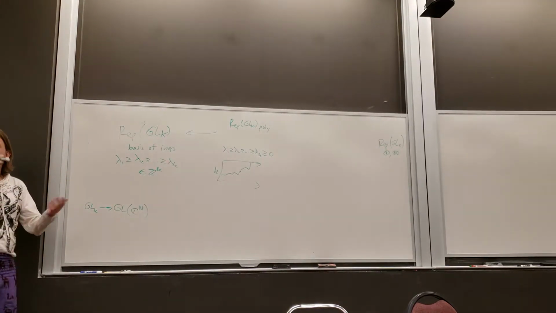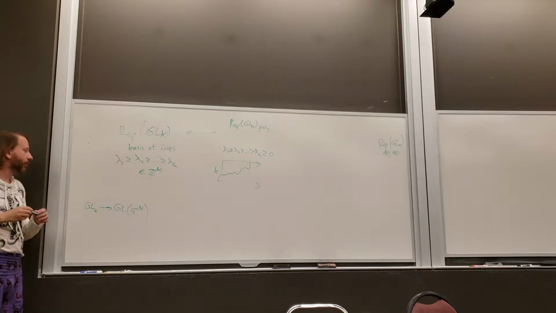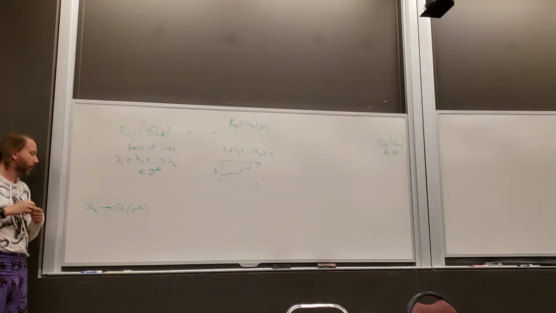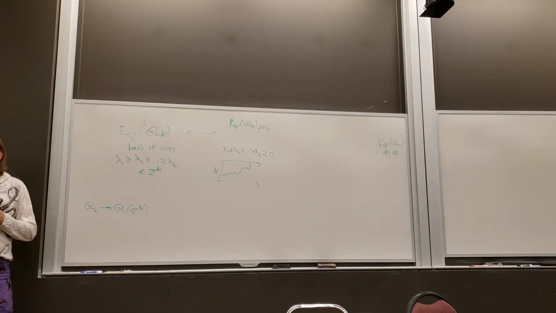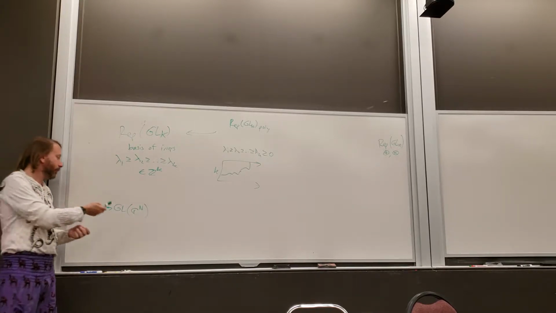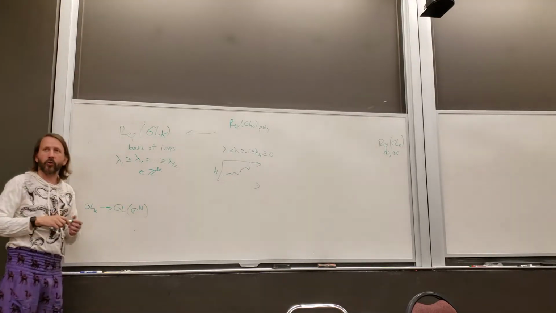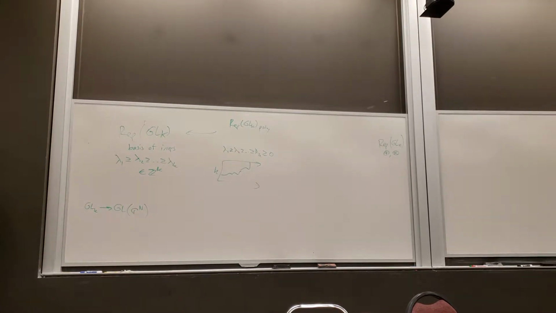For example, Sym square is a nice representation where the entries are polynomial. Or determinant is a one-dimensional representation where the determinant is indeed a polynomial in the original matrix entries. Determinant inverse is not a polynomial representation.